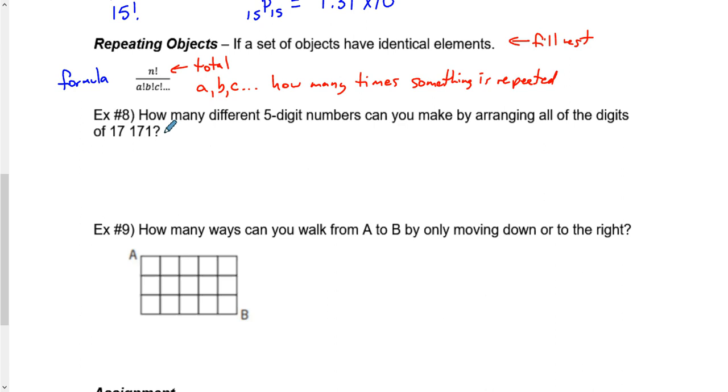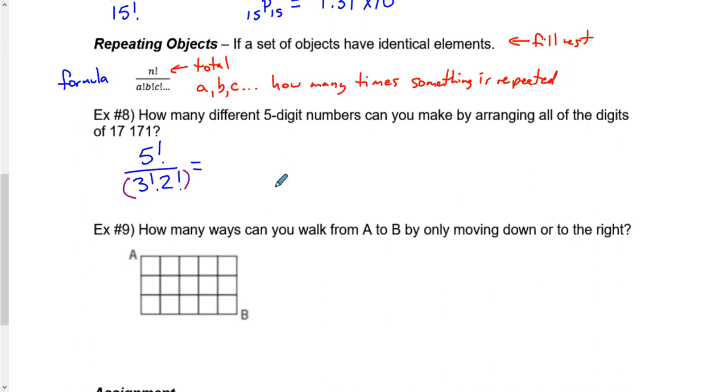So for example, the 5-digit number 17171, 17,171, has 5 total digits. The number 1 repeats 3 times, and the number 7 repeats 2 times. If you're going to type this into your calculator, please put this in your denominator in brackets.